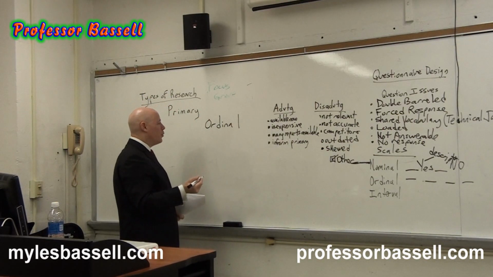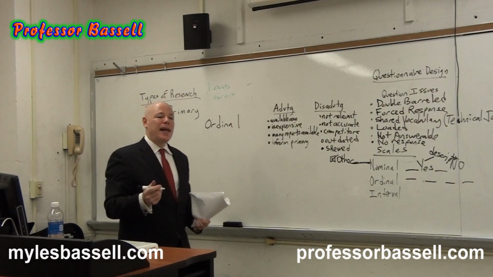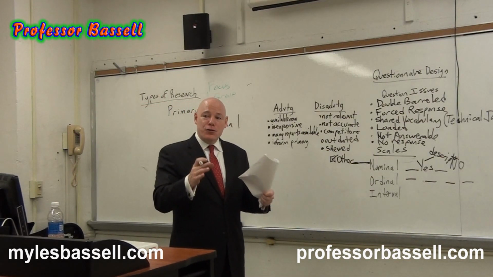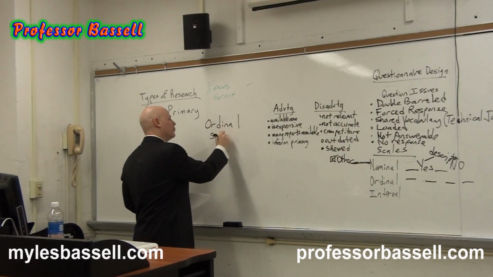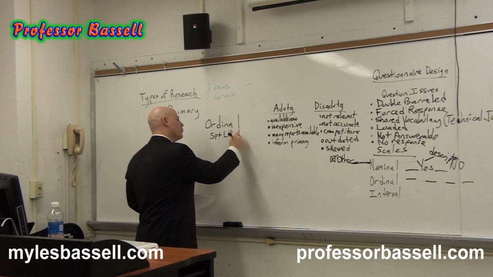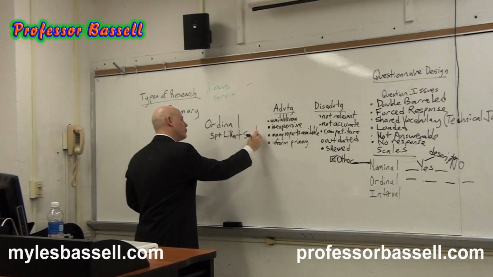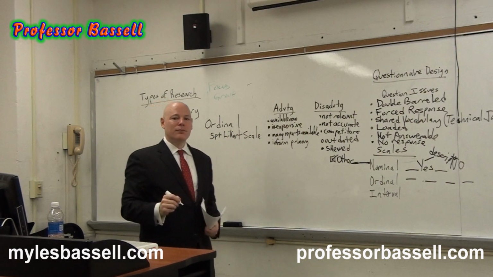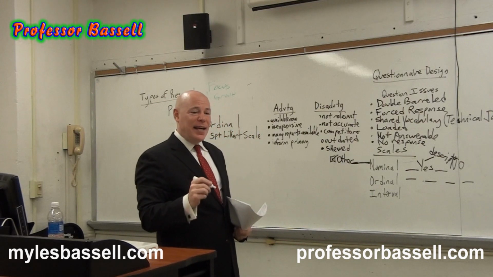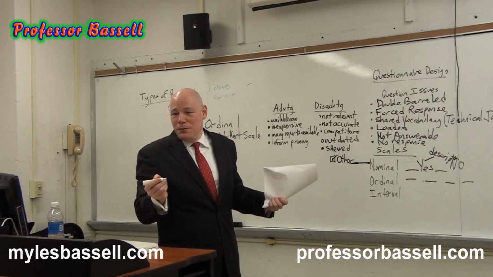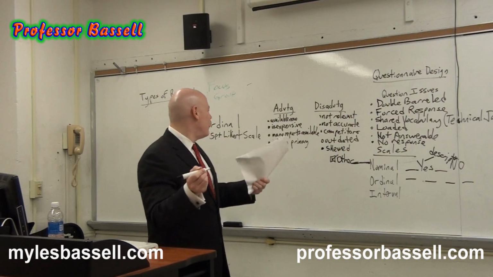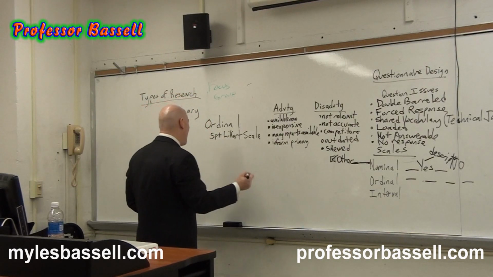So, for example, we could use what's called a 5-point Likert scale. Likert, L-I-K-E-R-T. Why is it called Likert? That's the name of the researcher. So he developed this scale. It's a 5-point scale.